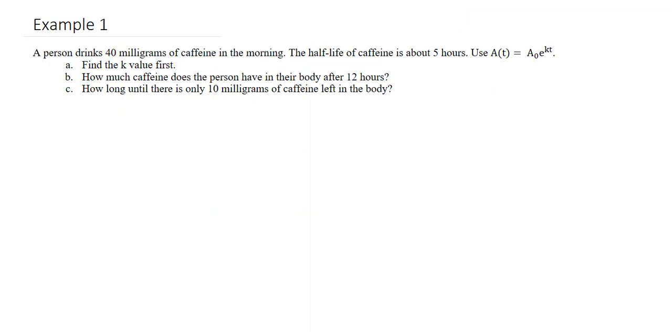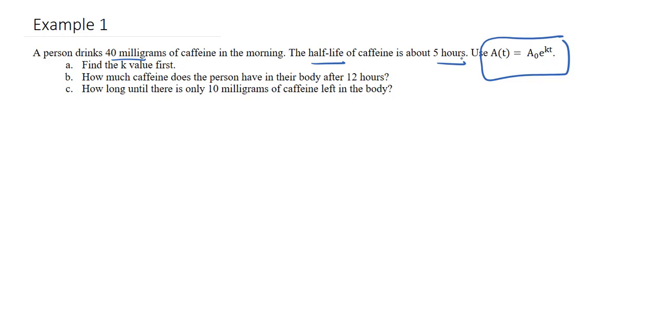Example 1. A person drinks 40 milligrams of caffeine in the morning. The half-life of caffeine is about 5 hours. So that means for half of it to be gone, it's going to take 5 hours. Now we're going to use our equation to solve for things. First, let's solve for K. So we have 40 milligrams, and we know the half-life, which is about 5 hours.